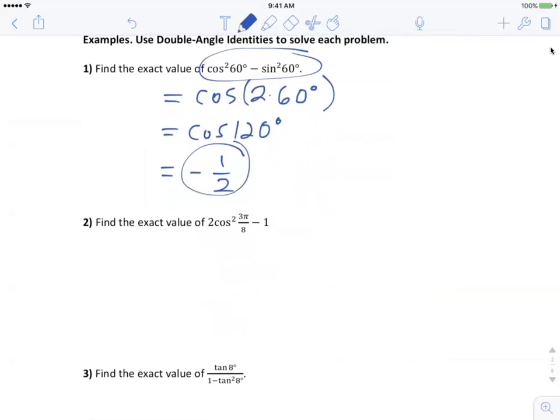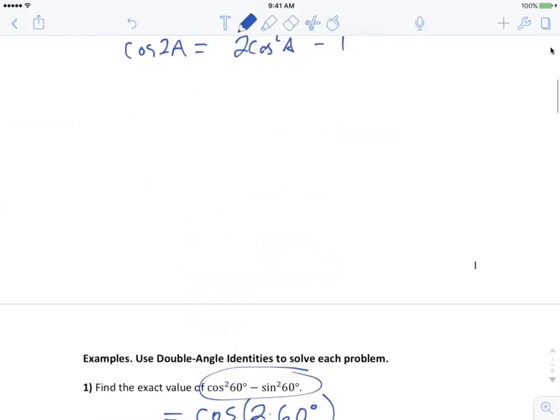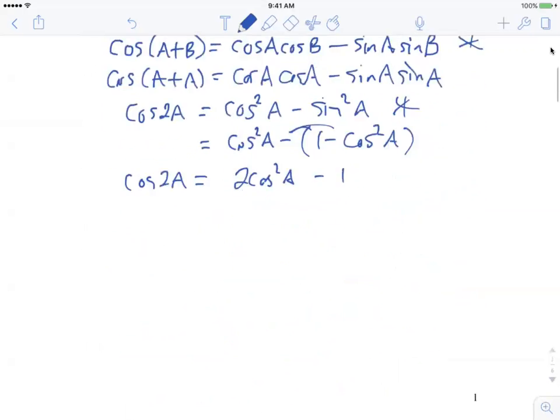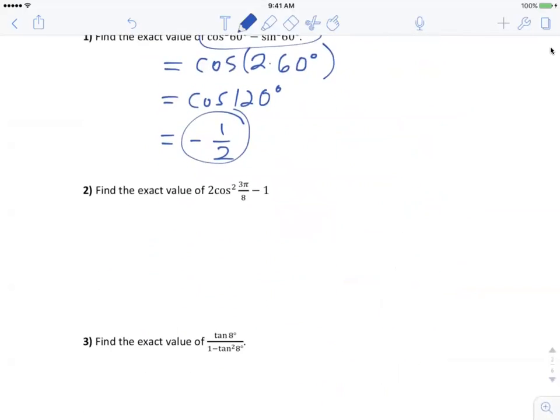Okay, how about this next one? 2 cosine squared minus 1. That's just another version of that double angle identity for cosine. It's that second one down that we saw, right? So that also is equal to cosine 2A, right? This one just happens to be in radian mode, but this is going to be cosine times 2 times 3 pi over 8.